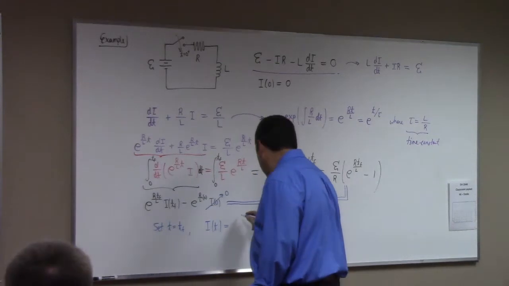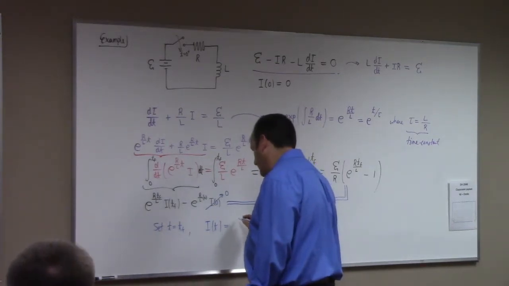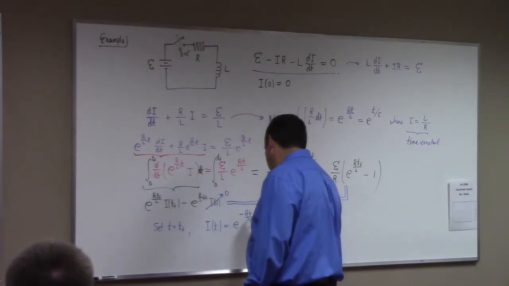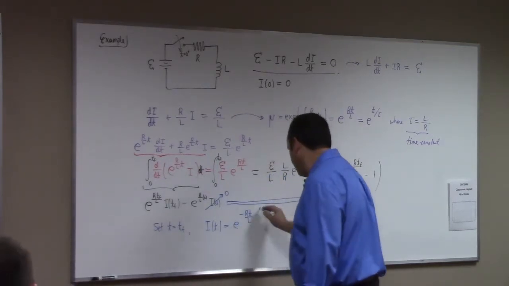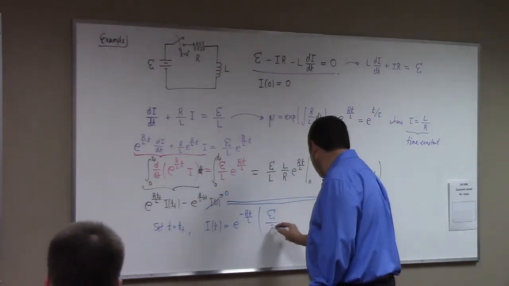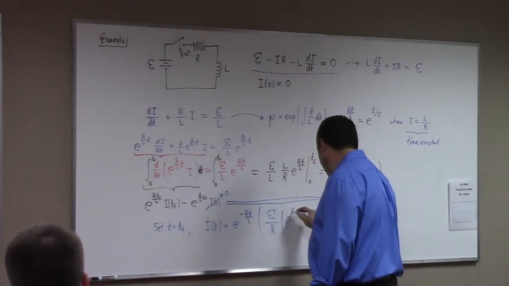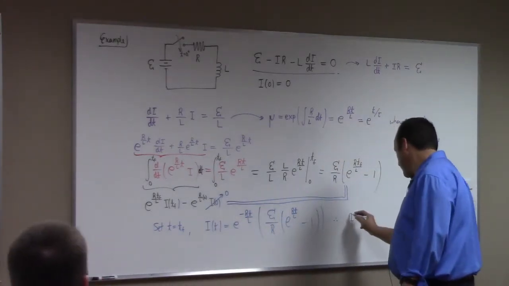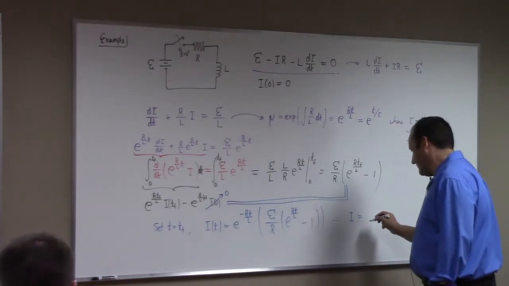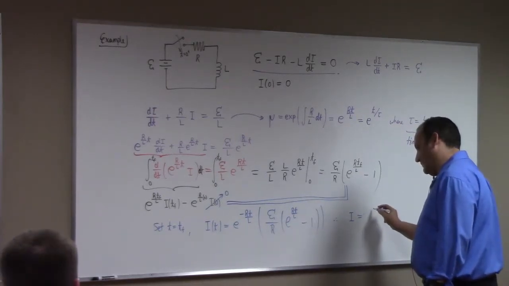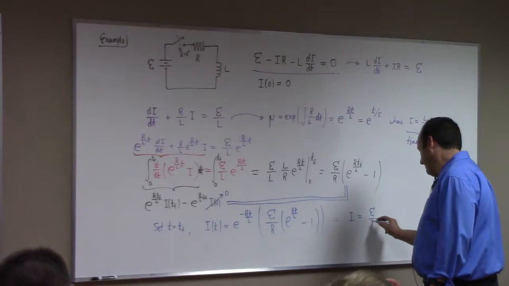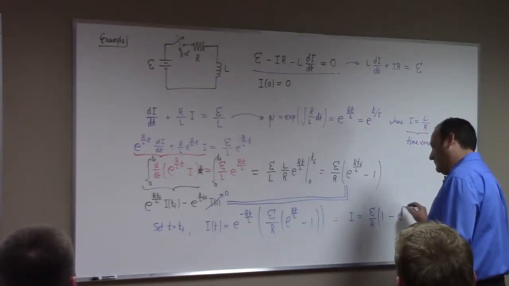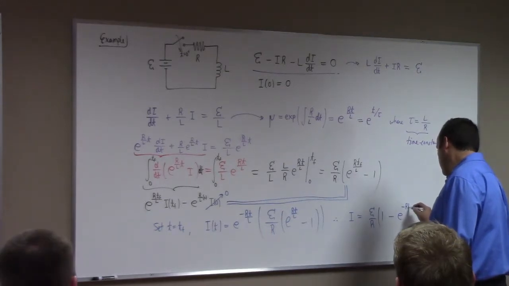I'm going to multiply by e to the minus Rt over L to solve for the I. So in total, the current as a function of time is E over R times 1 minus e to the minus Rt over L.